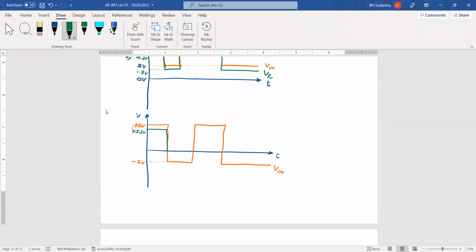And it's coming like this. And after 0, what about this negative side? No, it's 0. And here it can go like this. Then 5.3. And this is VR.